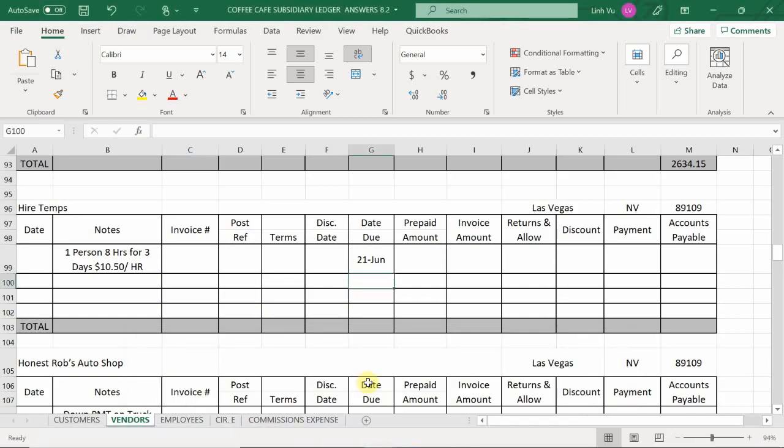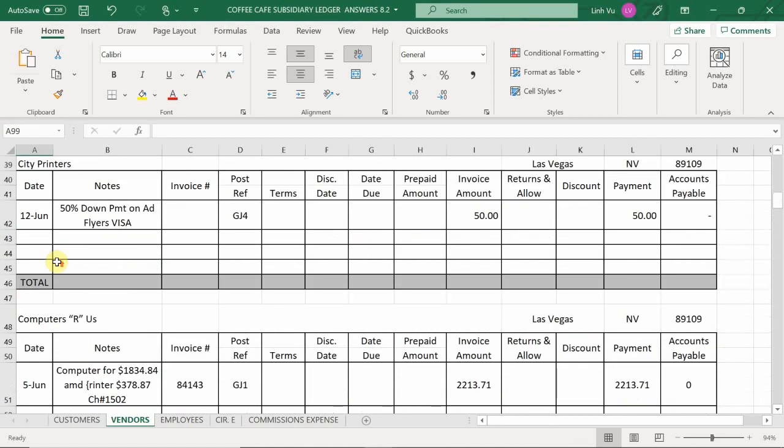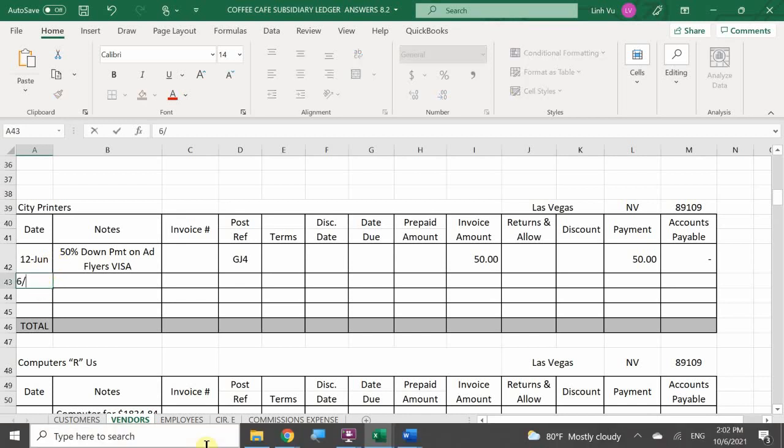City Printers. So 2,000 flyers, paid with Visa.